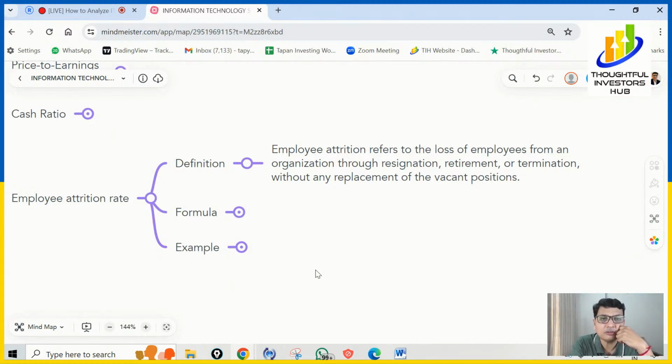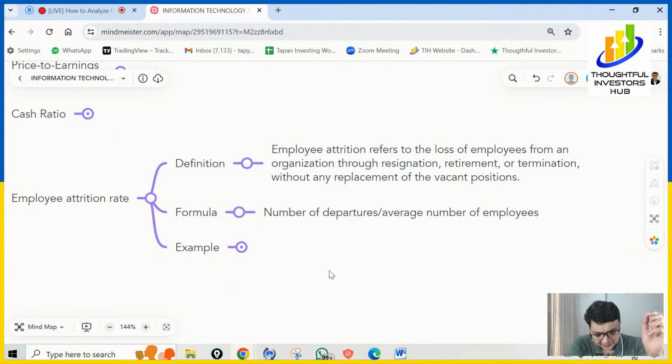Employee attrition refers to a loss of employees from an organization through resignation, retirement, or termination without replacement of the vacant position. That means people are leaving, but they have not been replaced. So the formula is the number of departures divided by the average number of employees. That is, how many people left the company, and the average number of employees. That is what you have to keep in mind.